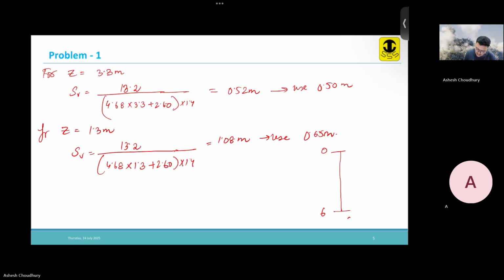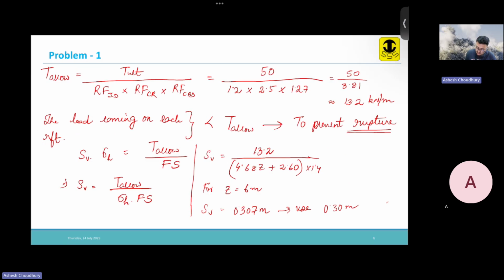Above 3.3 meter we can use 0.5, but below that we are using 0.3 meter.